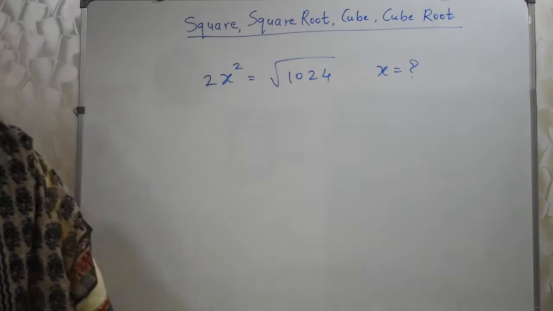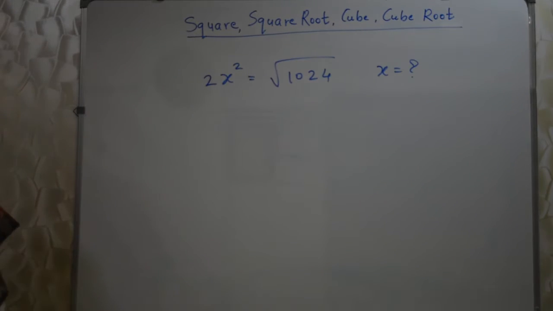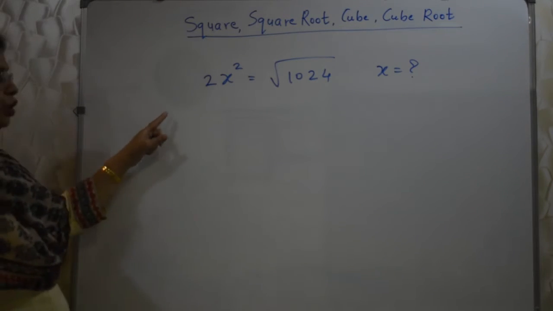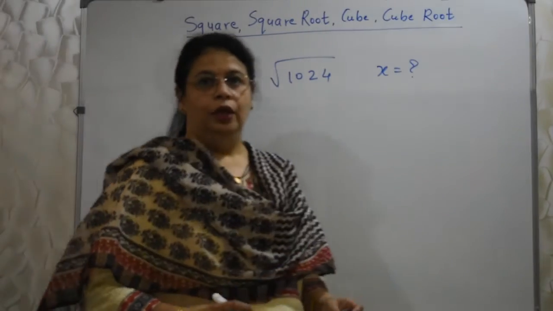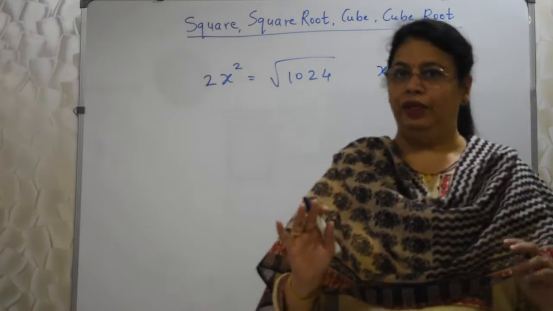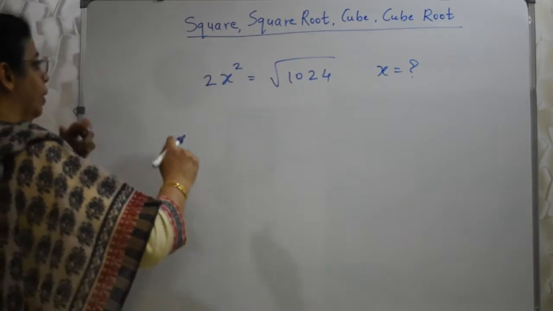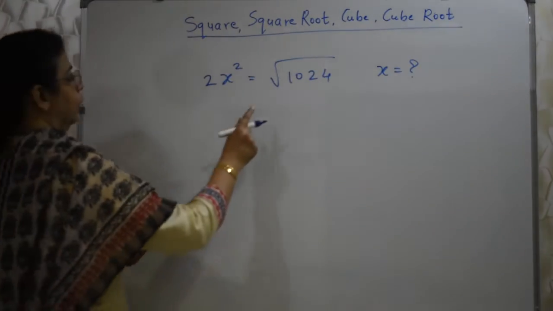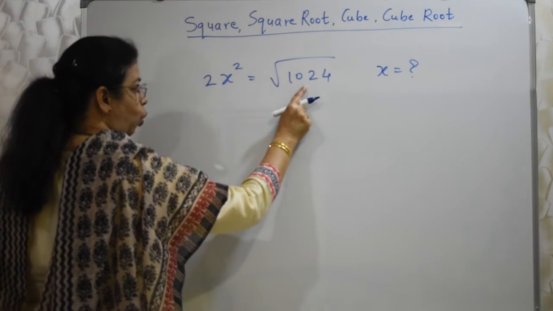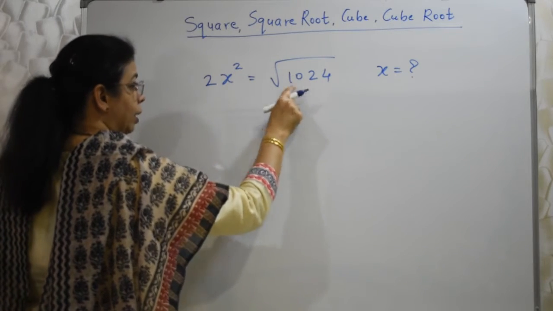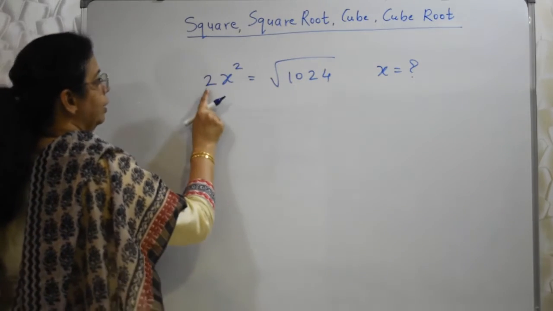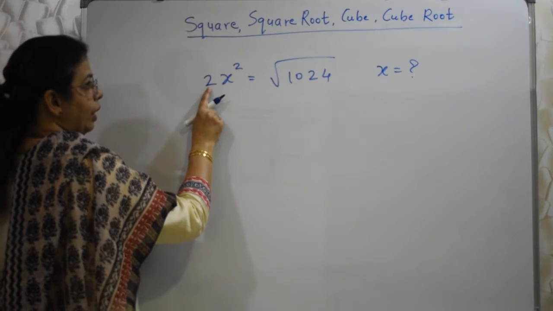This is a question. See students, whatever information has been provided to you is sufficient for you to arrive at the answer. I always tell you. Now some students may know this is the square of which number, but in case you don't know, take the help of this number. What is its square?